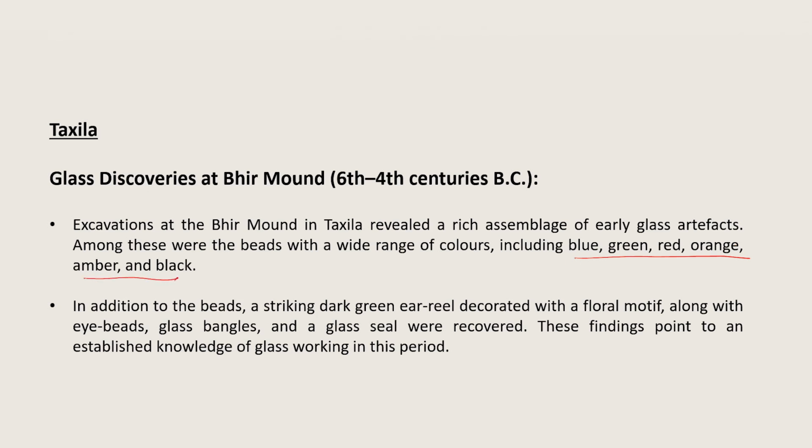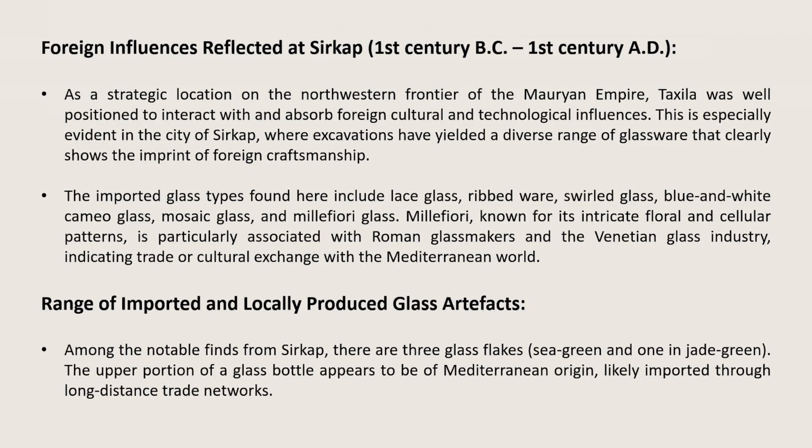In addition to the beads, a striking dark green ear reel decorated with a floral motif, along with eye beads, a glass bangle and a glass seal were recovered. These findings point to an established knowledge of glass working in this period.